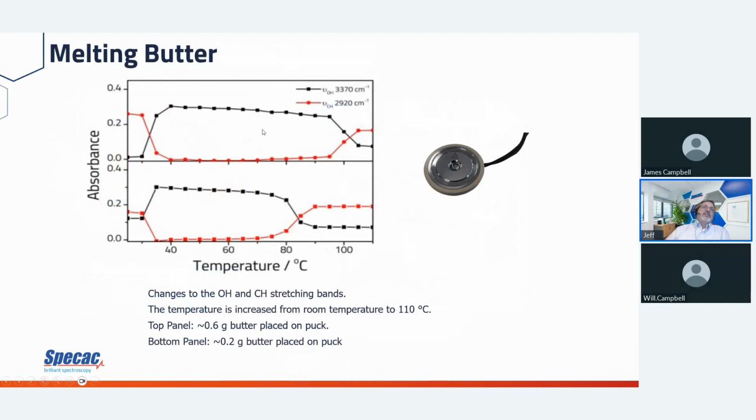If we take that and plot that out, we plotted out just two different wave numbers. You can see as the oil is there and it melts, the water comes down because oil floats. As the water evaporates and goes off, the oil comes back down. The only difference between these two is we used a lot of butter here. We didn't use as much butter here, so there was a lot less. So this went faster, is what I'm demonstrating there.